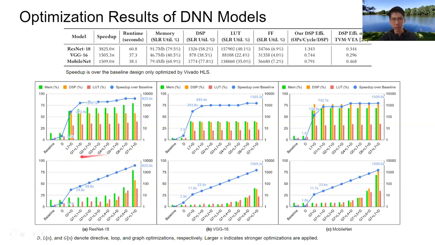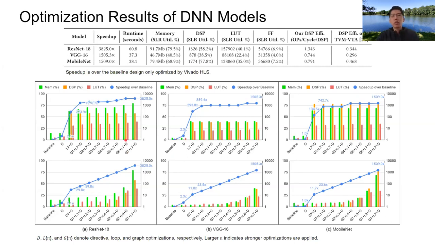3,800. And here, ScaleHLS allows the user to tune the optimization level for the loop optimization and the graph optimization. So basically, the larger the number here, the stronger the optimization.